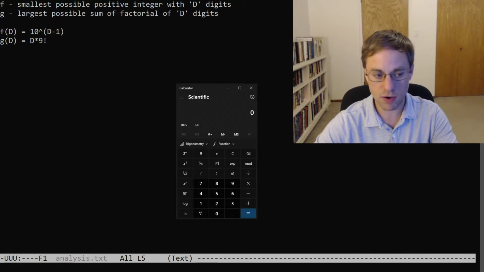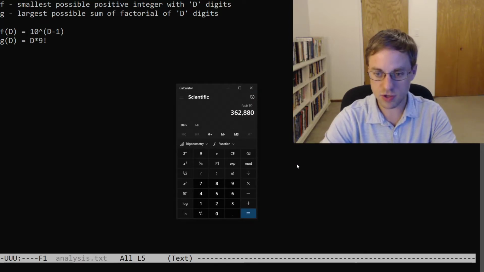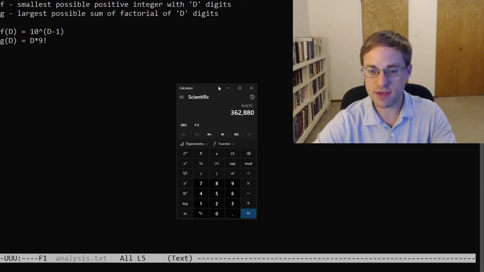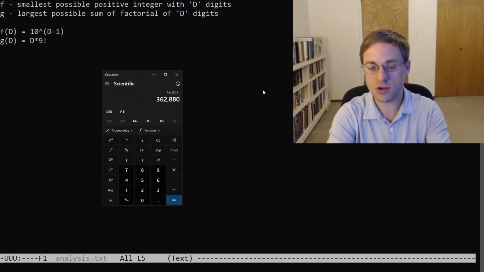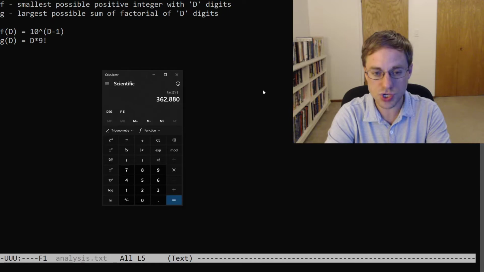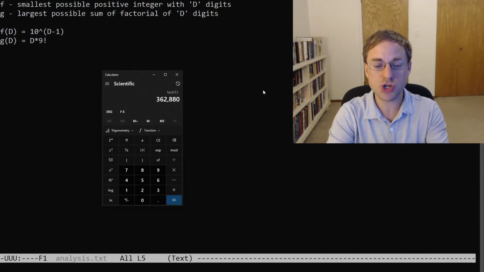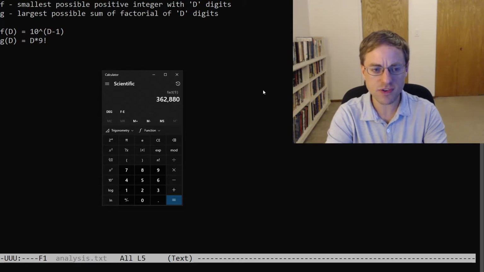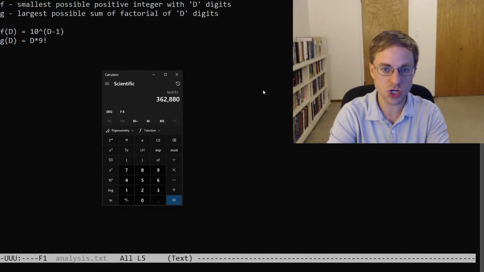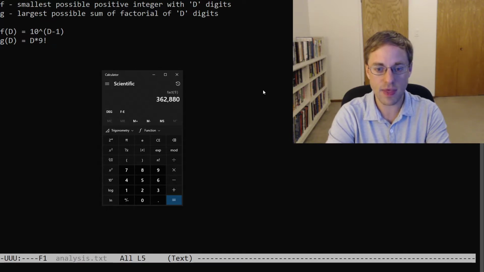If we just pull up our calculator here, take a look at 9 factorial, is 362,880, so fairly large. But eventually f is going to grow large enough to surpass g. Now we could do some further analysis to determine when that might occur, but we can actually come up with an answer just by trying a few possibilities.